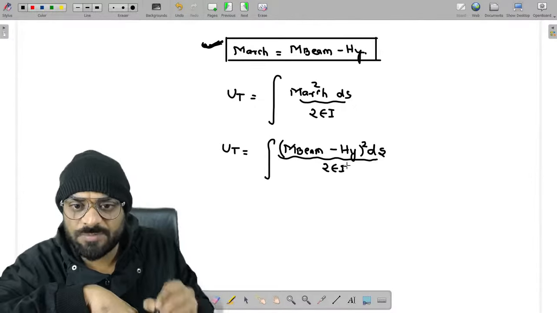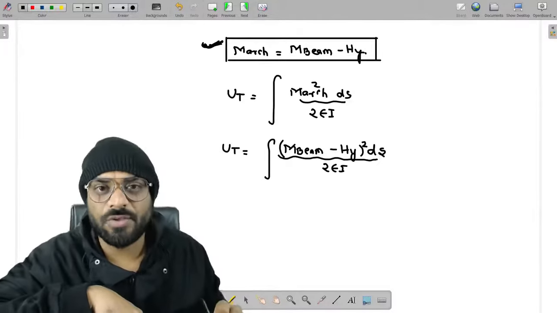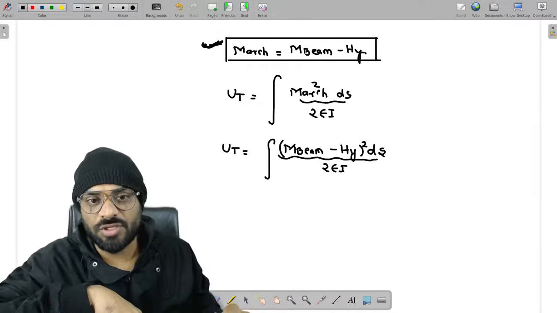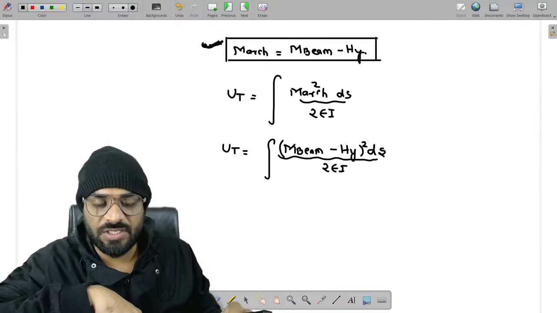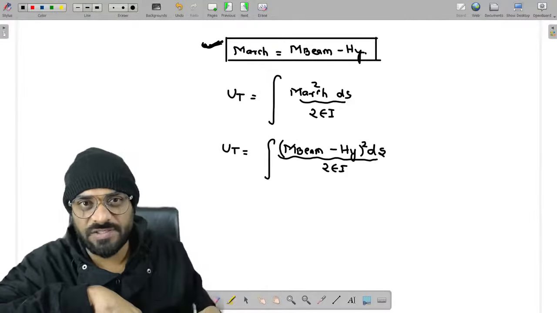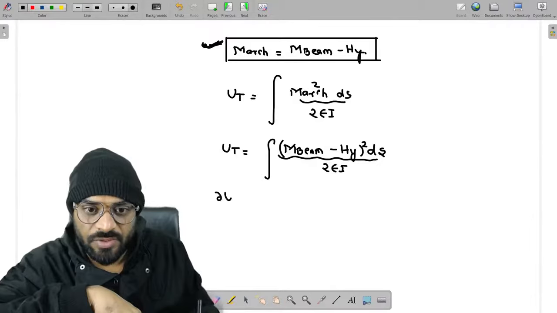Now guys, as per Castigliano's second theorem, you have to take the first partial derivative of this total strain energy with respect to H, so that in the direction of horizontal thrust, the displacement is equal to how much? It is equal to 0. So guys, we'll write down del U by del H should be equal to 0.